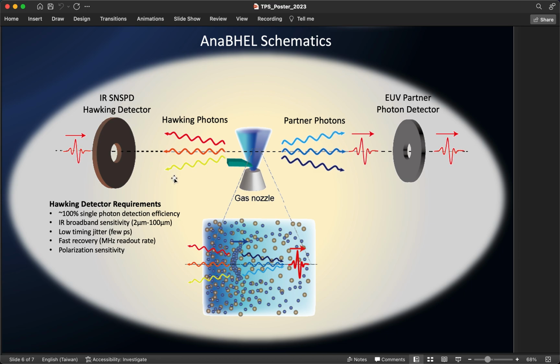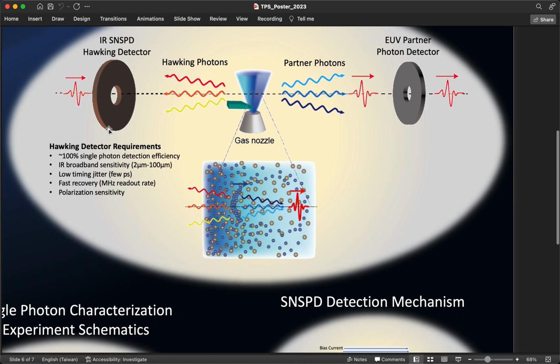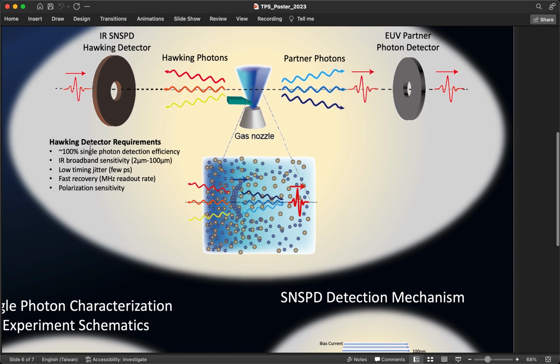So in particular, the Hawking detector requires a high, almost 100% single photon detection efficiency, because these events are very rare, even if we have very high intensity lasers.